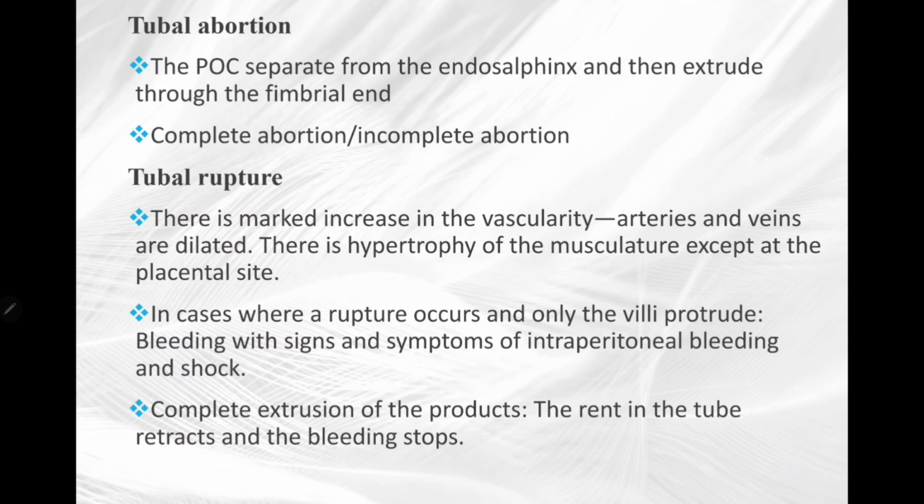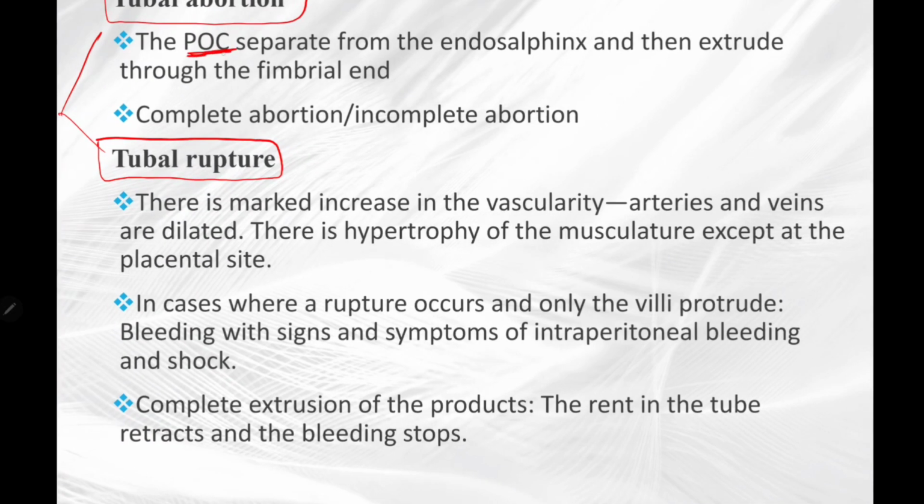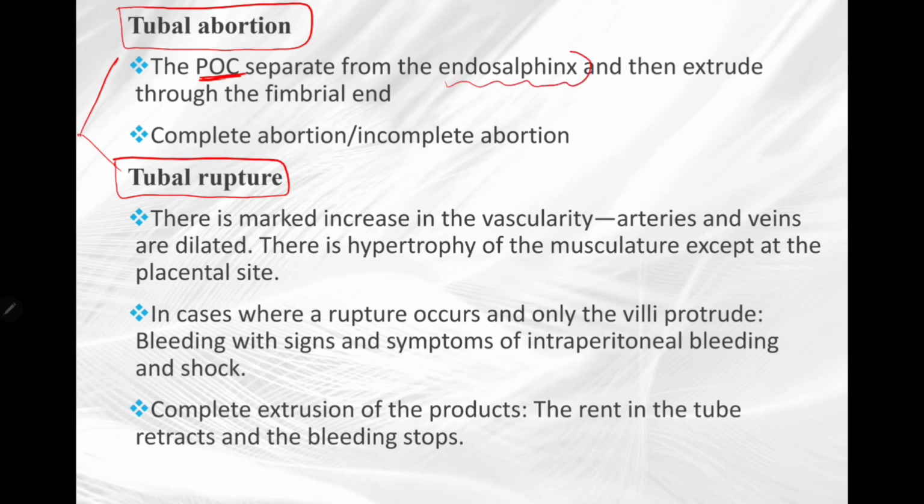So what is tubal abortion and what is tubal rupture? I told you these are the two fates of the ectopic pregnancy. Either it can go to abortion or rupture. Tubal abortion is when the products of conception separate from the endosalpinx and then protrude through the fimbrial end.